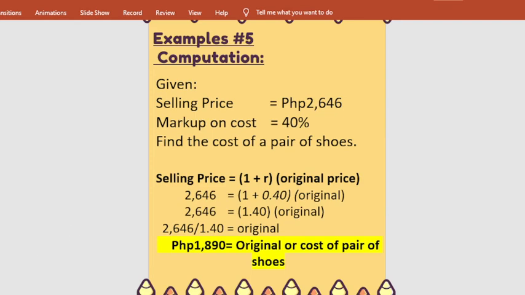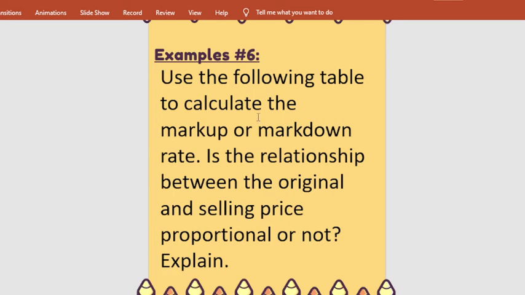Okay, good. Next sample. Use the following table to calculate the markup or markdown rate. We have to identify if it is markup or markdown, calculate it, and get the markup percent and markdown percent.